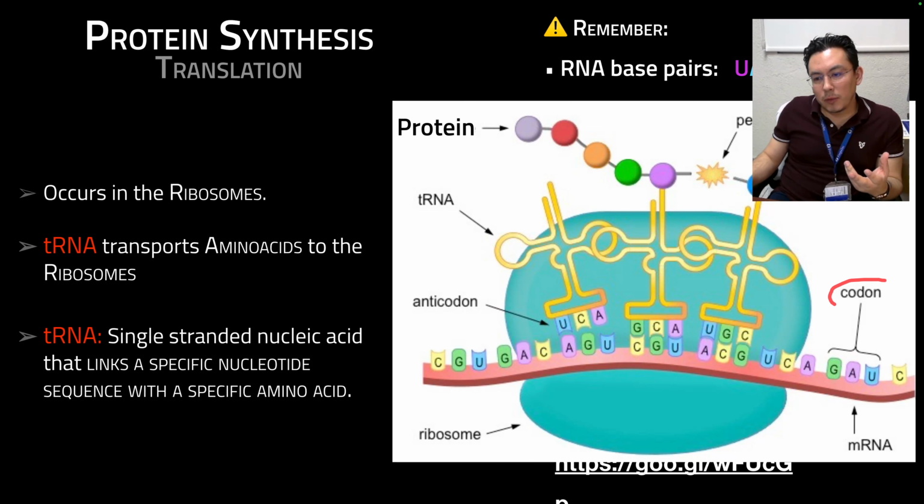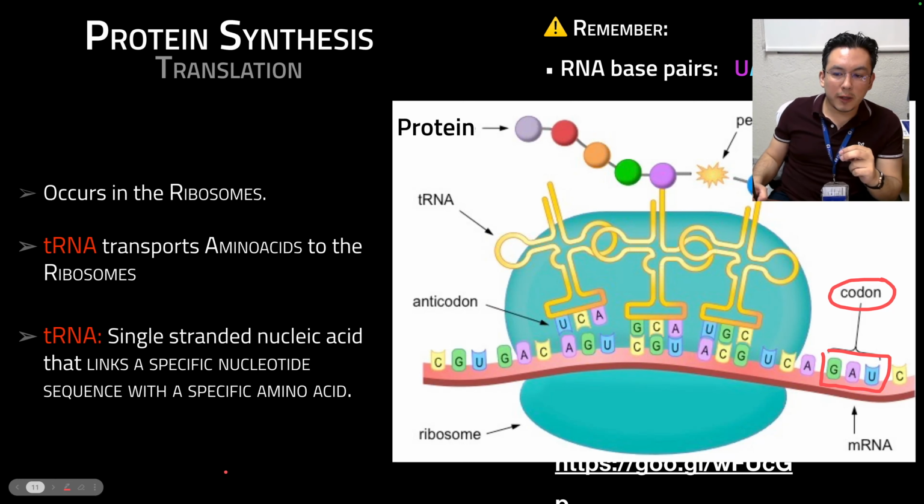This word comes from the word code, or at least I think it's trying to make a reference to the word code, in the sense that each of these is like a barcode, as in a product that you pass through a scanner. It will have a specific code for a specific product. Now in here, this codon will be specific to one product. And what do we call this product in here?